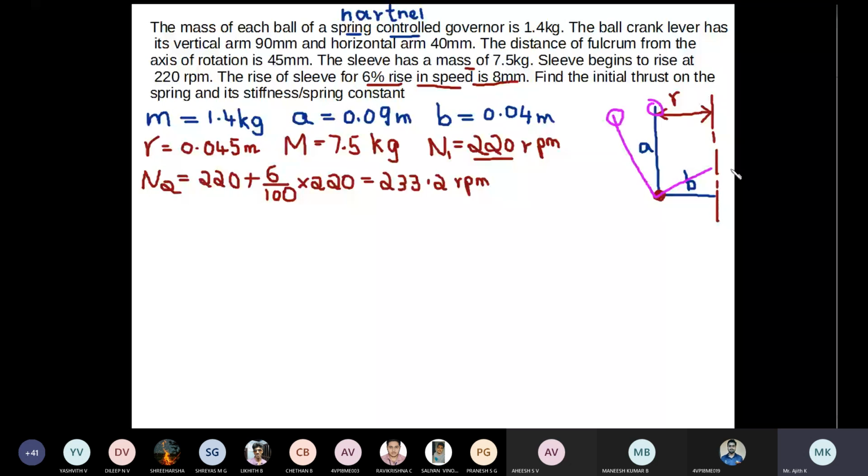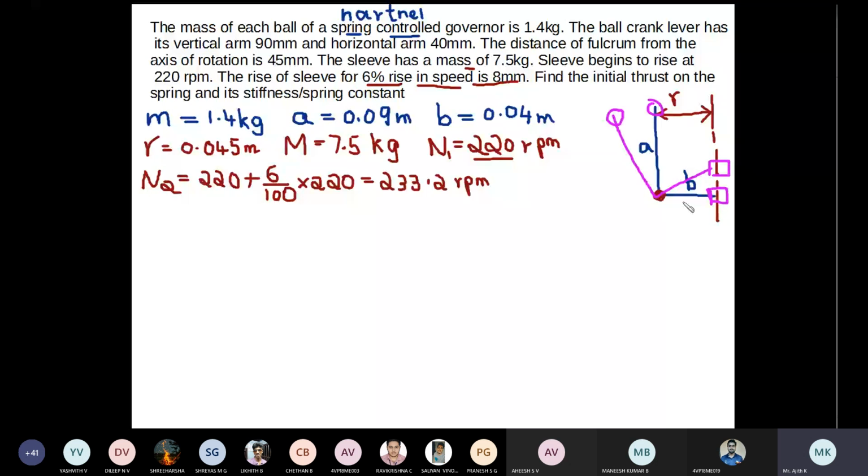When the speed increases, this sleeve will be raised. And in this sentence, it is given that when the speed rises to 233 rpm from 220 rpm, that means a 6% rise in speed, the rise of sleeve is 8 mm.